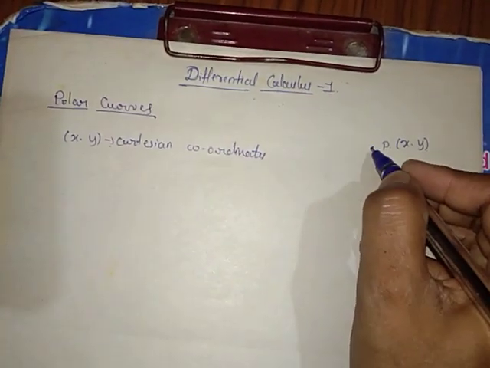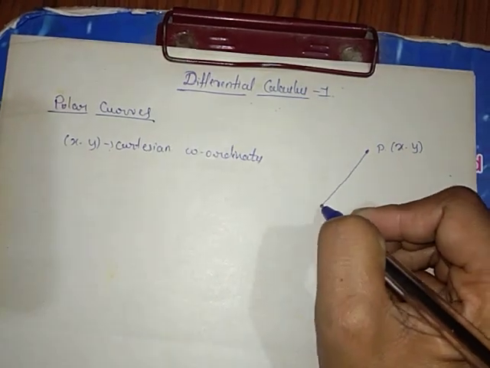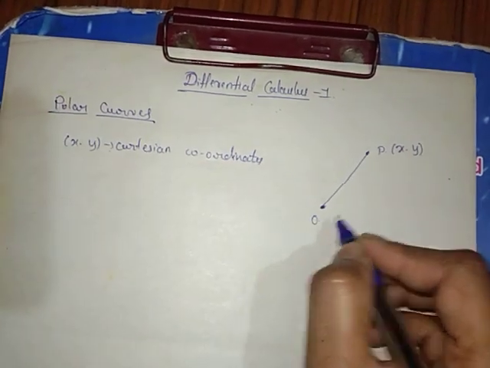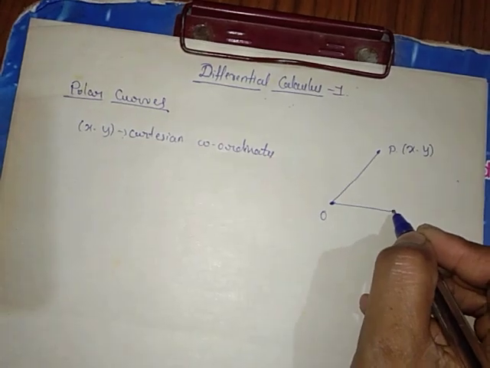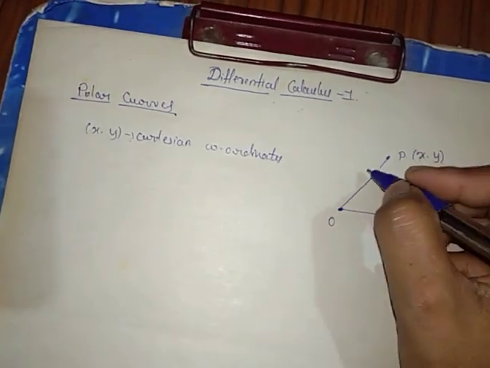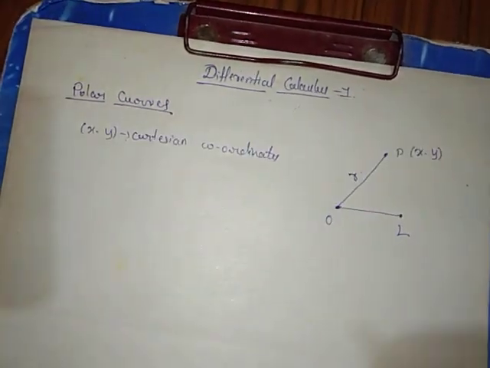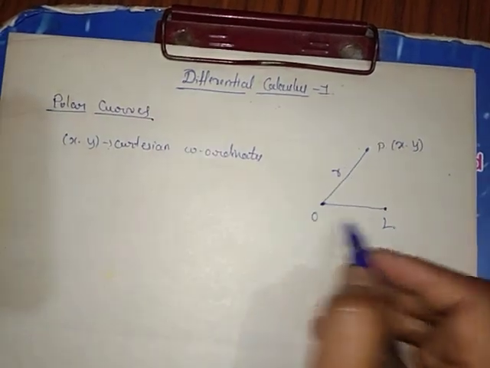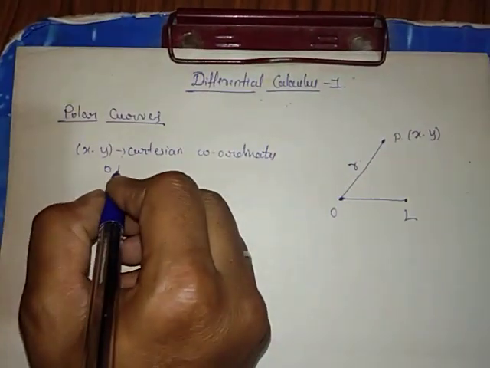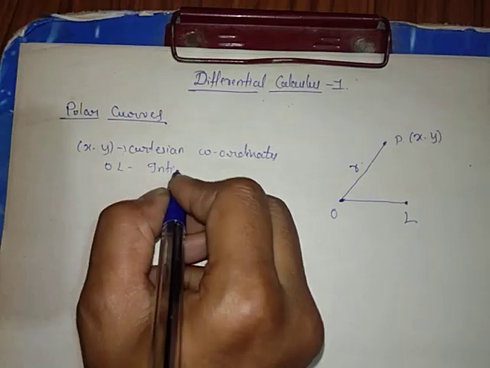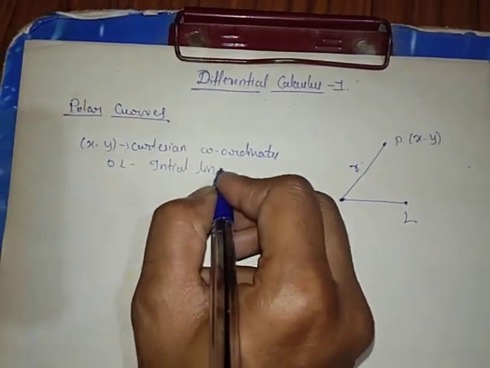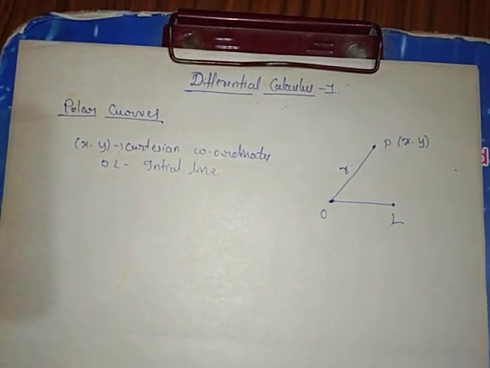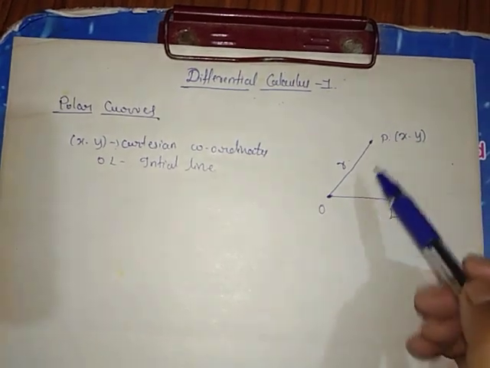Suppose we have a point P. Consider a diagram like this. Here OP is called the radius vector and OL is our initial line, and P is any given point in the plane.